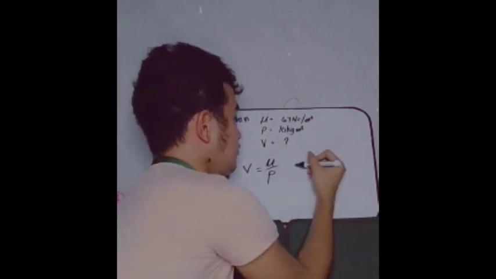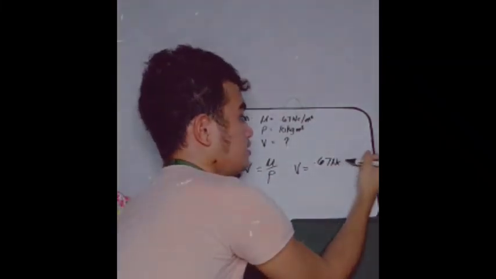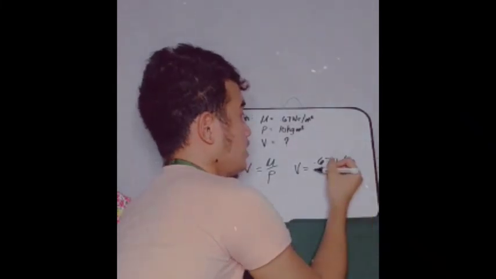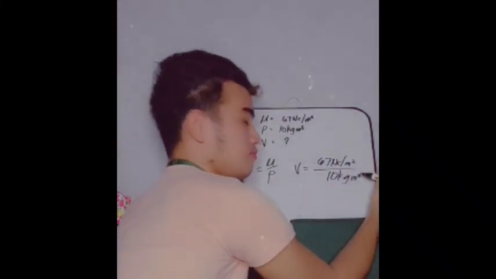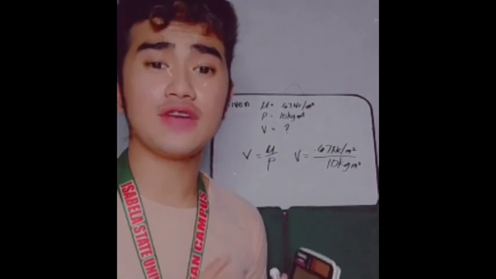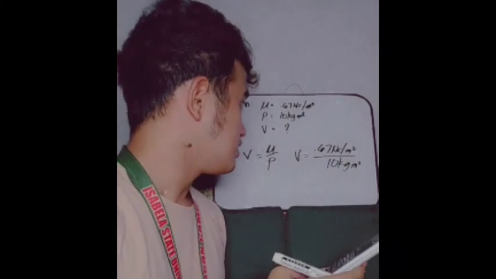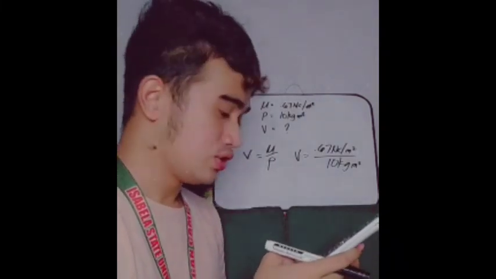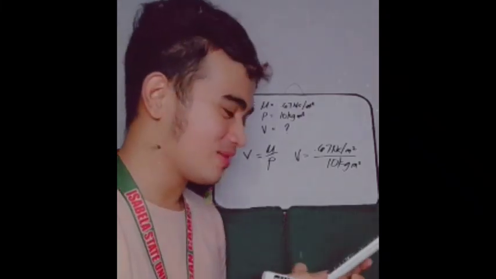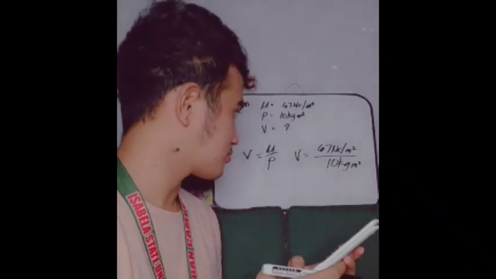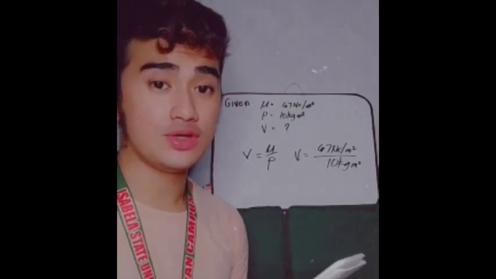So magiging kinematic viscosity is equals to 0.67 Newton seconds per meter squared all over 10 kg per cubic meter.